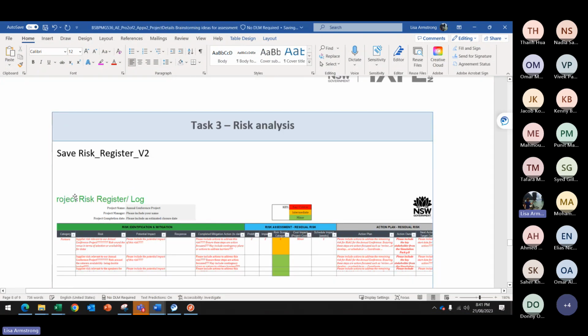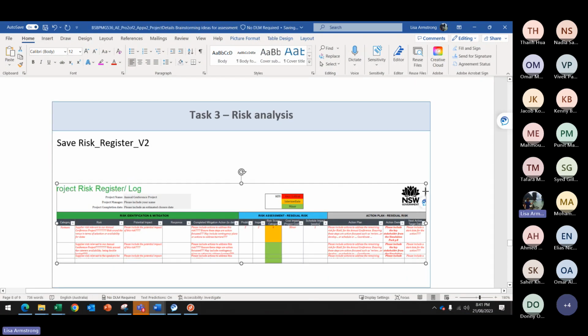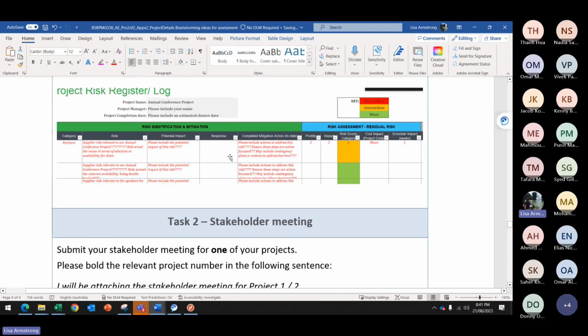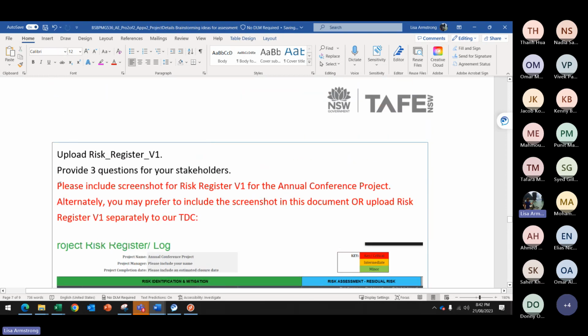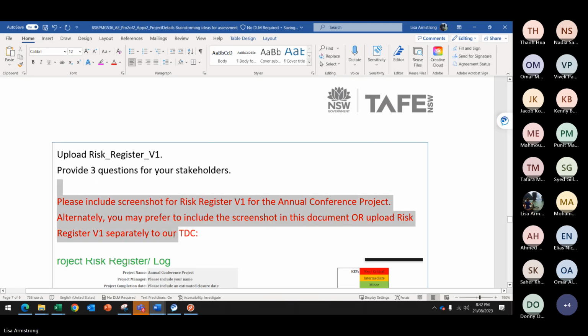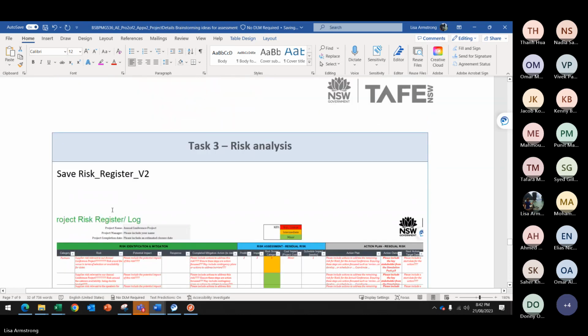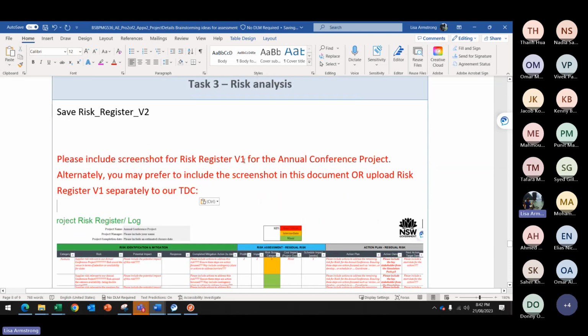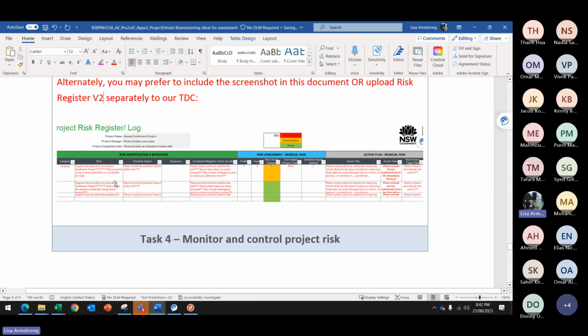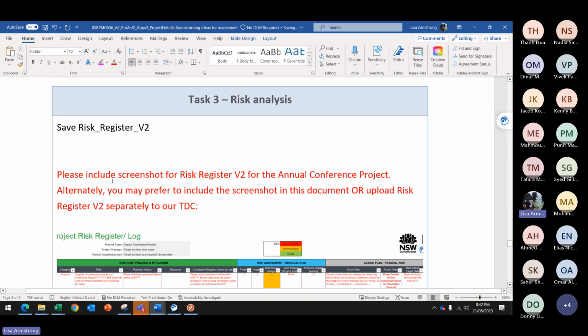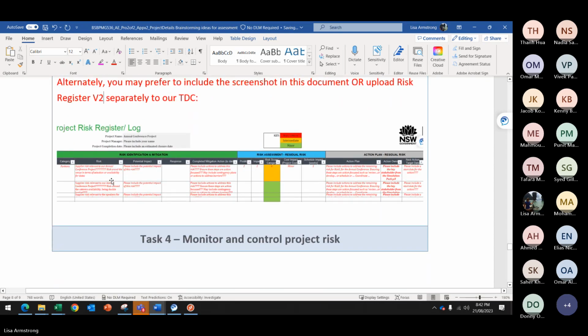And as said, very happy if you want to include your screenshot, or if you prefer to upload the separate document, you can. This is version 2 of the conference. You may prefer to upload version 2 separately. Yeah, beautiful. And that would give you task 3. Very nice. Task 3, and then we move on to task 4.